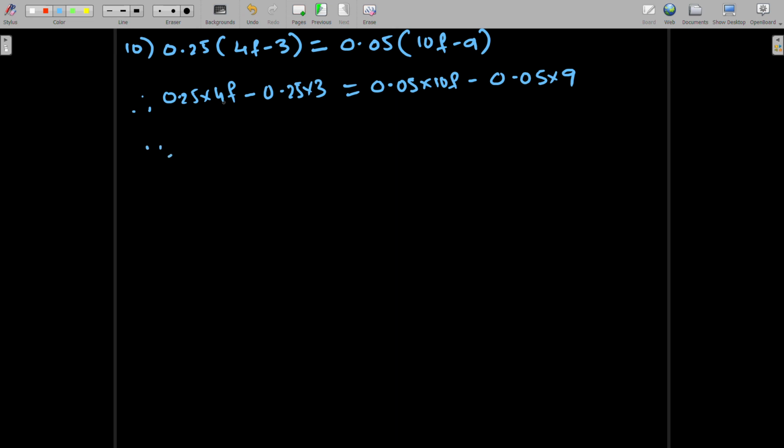Therefore, now 25 fours is how much? 100. And how many decimals are there? 1 decimal. So 1.00, so this will be your just simply f minus. Now 25 threes is how much? 75. So this will be 0.75 is equal to. Now 10f means 5 into 10 is 50. So here two decimals. So this becomes 0.5f.